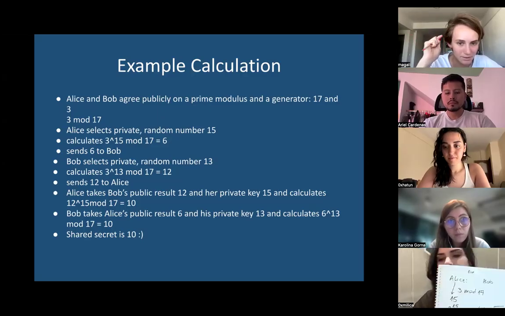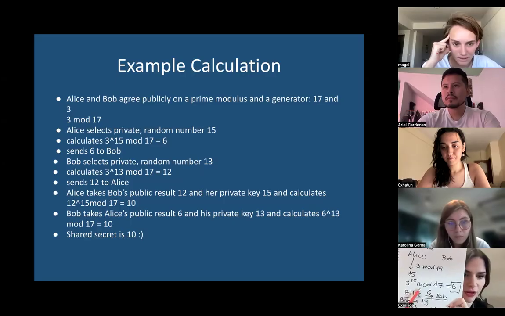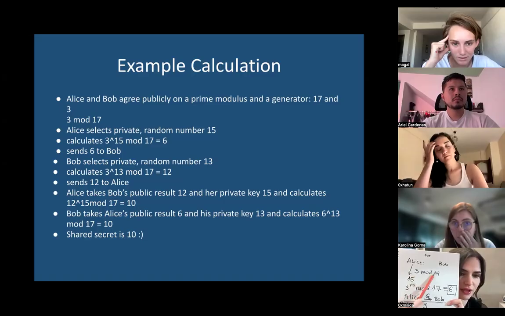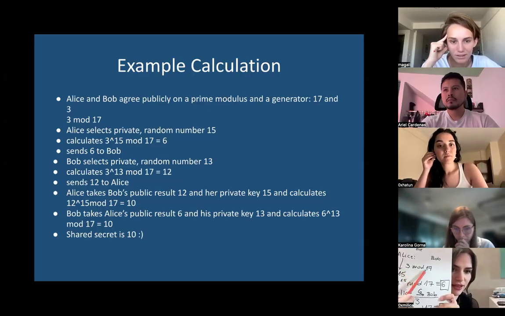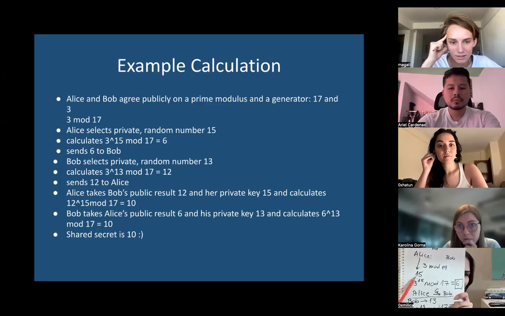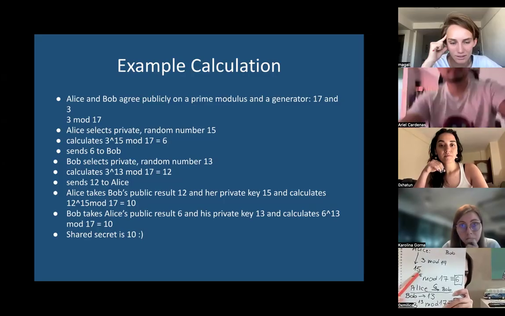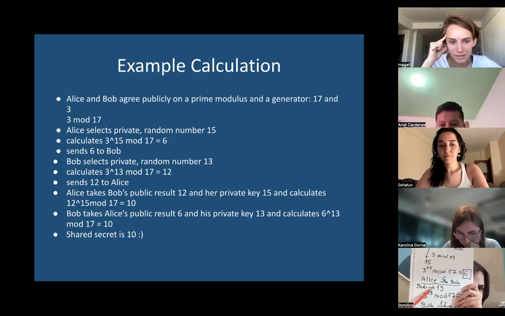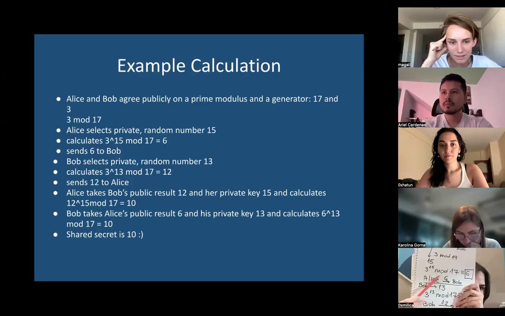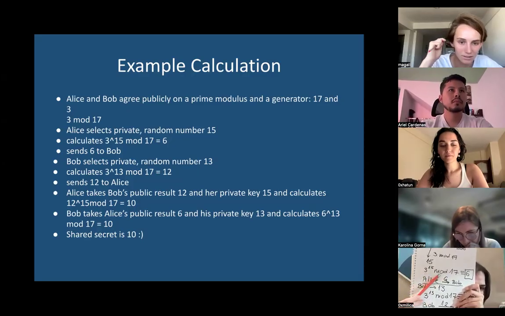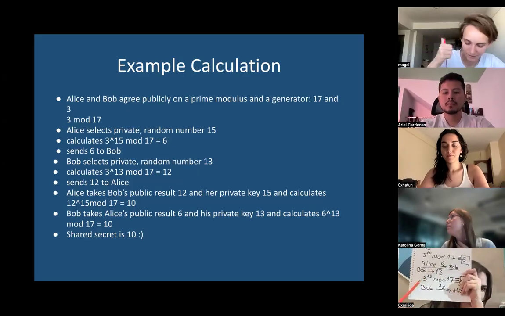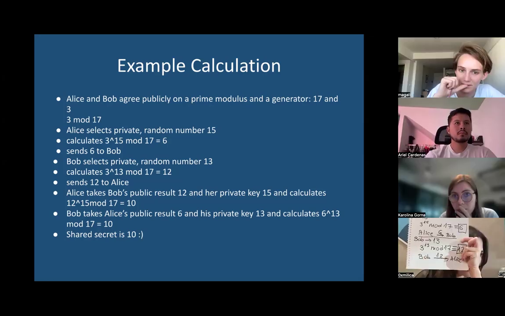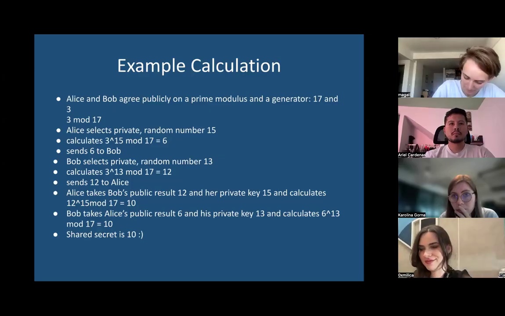In this example, they have publicly agreed on these numbers, 3 and 17. And then Alice randomly picks 15, and Bob randomly picks 13. And these are the calculations they are doing: 3 to the power of 15 modulus 17, and in his case, 3 to the power of whatever he has chosen, ends up in this one. Okay, perfect.